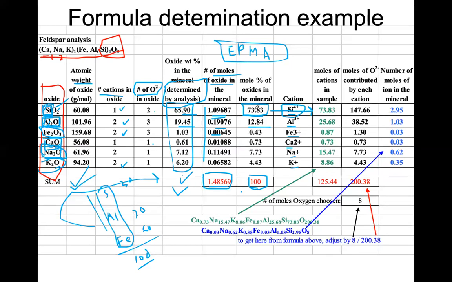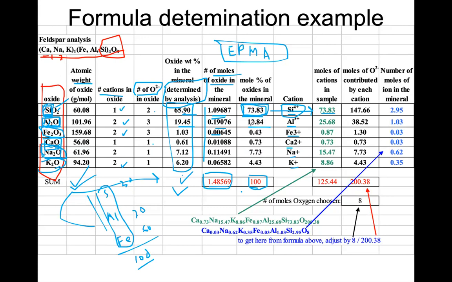So here you can see the silica SiO2, you had 73.83 mole percent. So elemental wise also you have the same number of moles, right?